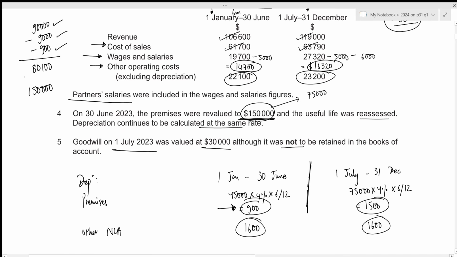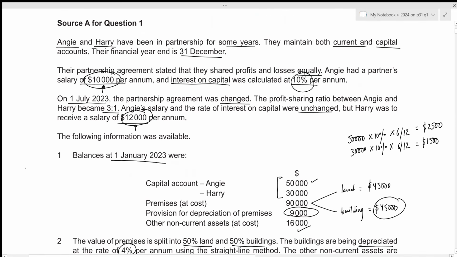So we need to compare it to the revalued amount of 150,000. We can clearly see that there has been an increase in the value, which means that there is profit on revaluation. So the profit on revaluation will just be the difference between the revalued amount and the net book value at the time of revaluation, which is 80,100. This results in the value of 69,900. Now, always remember that profit on revaluation will be split based on the old profit sharing ratio.